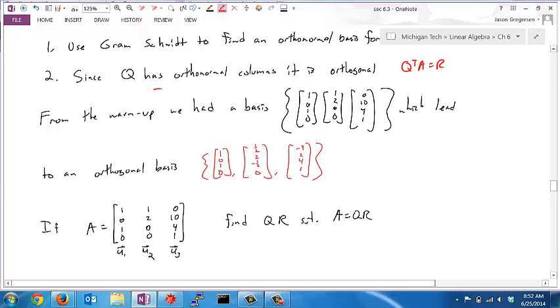Are these my columns for Q? Not quite. What do I have to do to them first? I turn them into unit vectors. So the unit vectors of these will be my columns for Q.